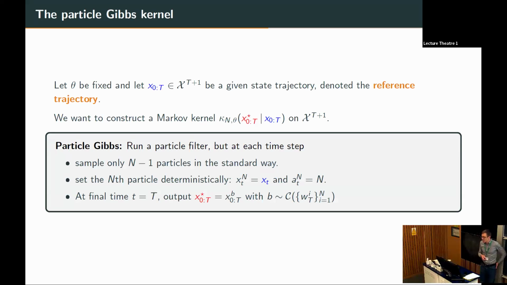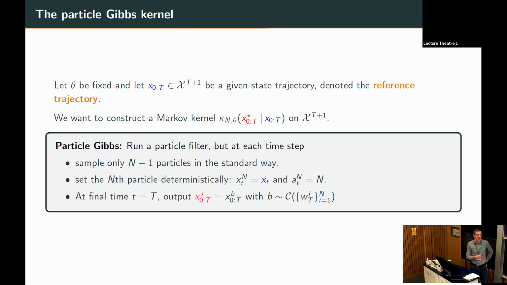I will not make any proofs for this particle Gibbs kernel, but just show you what it looks like when we generalize this to the SMC setting. The state x is now replaced with a full state trajectory. So we have as an input to this Markov kernel a trajectory x_{0:T}. I will refer to this as the reference trajectory.